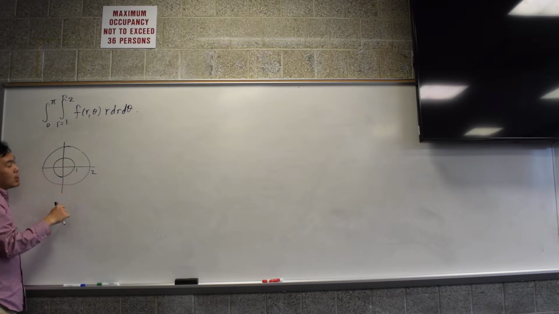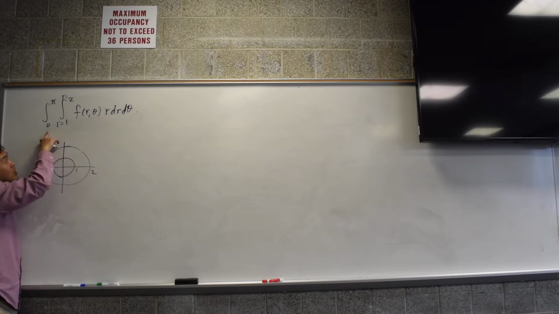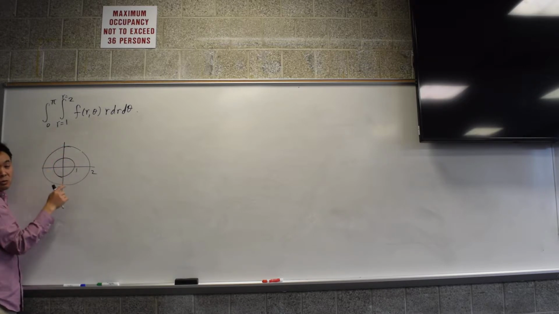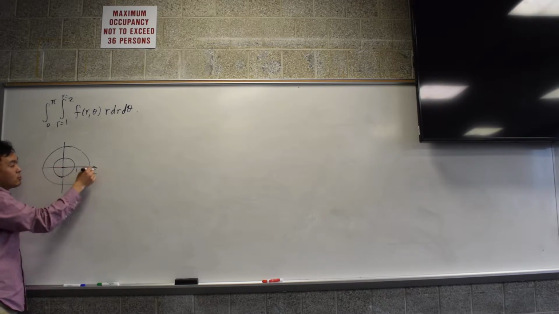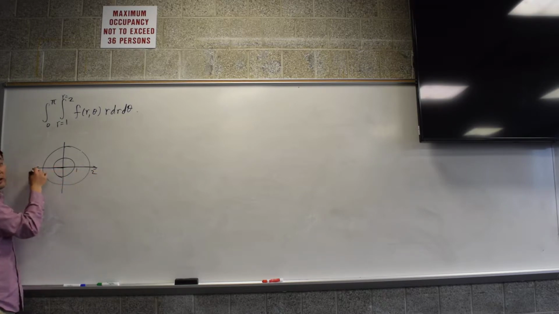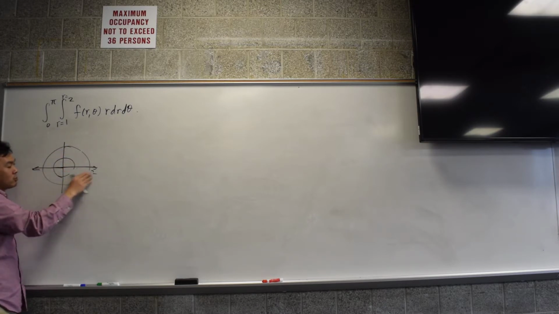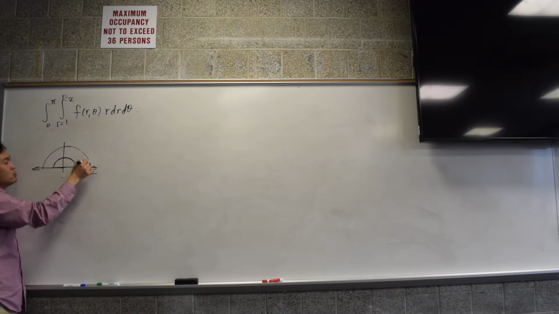However, it's not the full circle because theta is only going from 0 to pi. So what are you getting? Here's 0, and here's the angle pi, right? It's only from here until there. So you're only getting the top half. You're not getting these; those go away. And you're only getting from here to there, painted radially.